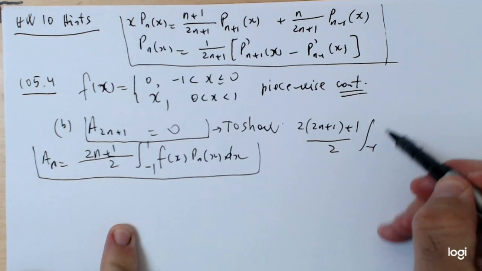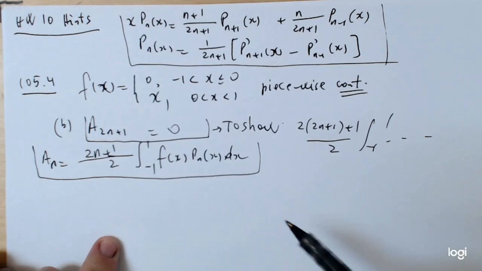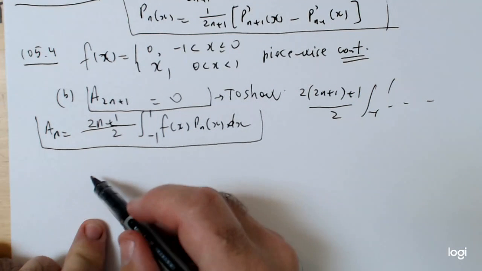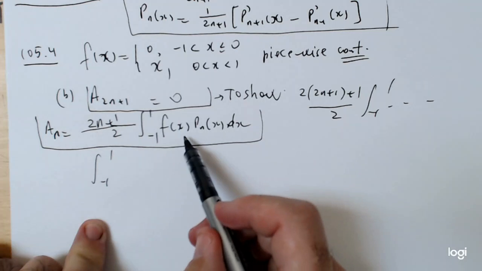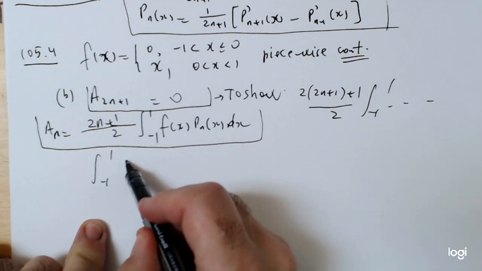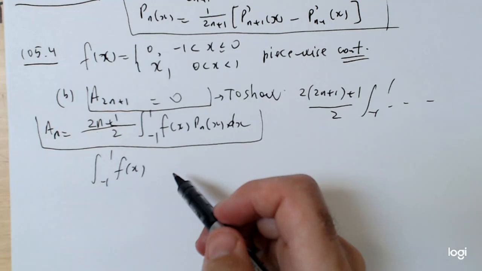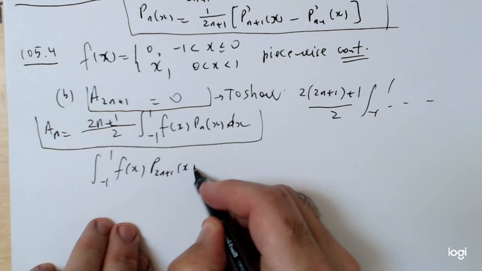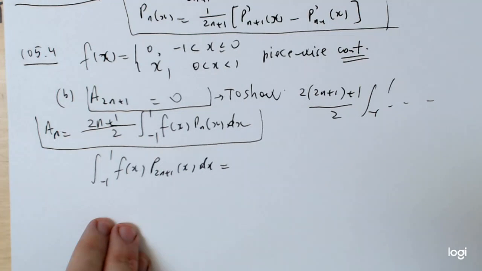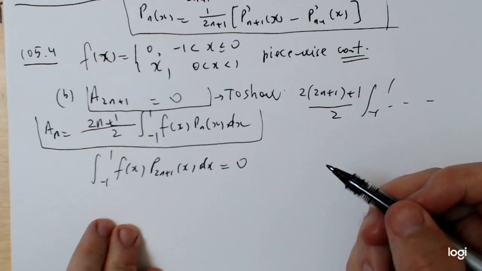But in this case, just look at the integral from -1 to 1, because you need to prove that the integral of f of x p2n plus 1 of x dx is equal to 0. So this is what you have to show.